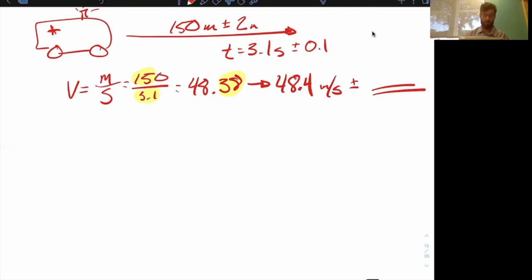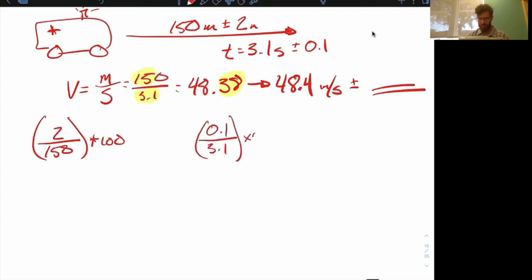But we still have this uncertainty we need to solve for. Okay, so we got to go through the process. We first have to calculate our percent uncertainties, then we can add them together. So 2 divided by 150 times 100, 0.1 divided by 3.1 times 100. We can get our answers. We'll add those together.